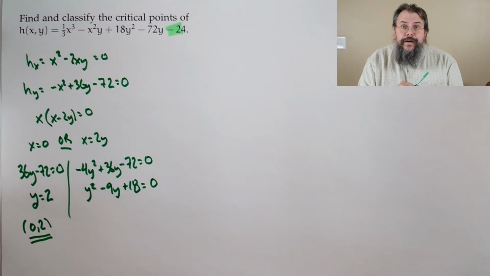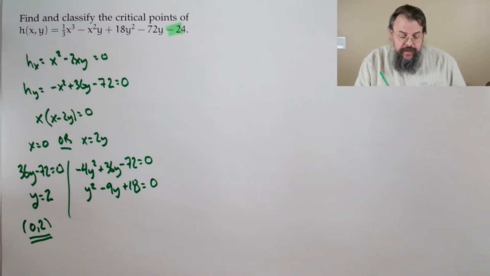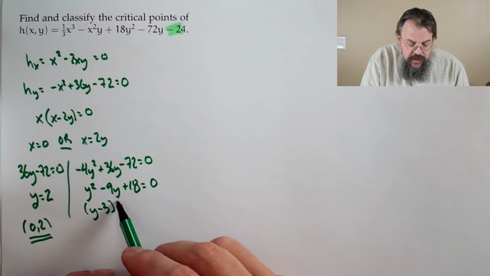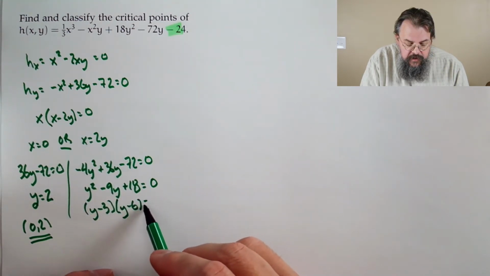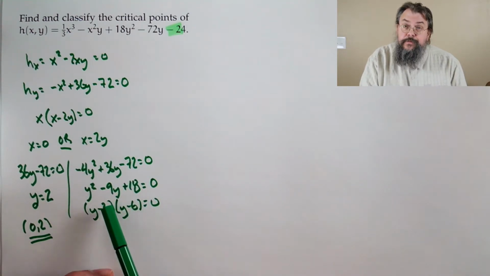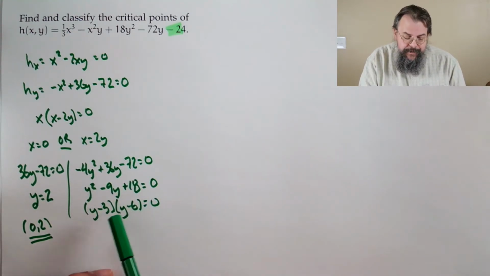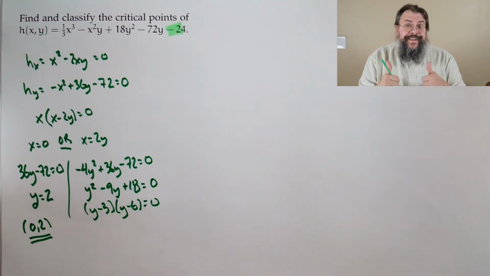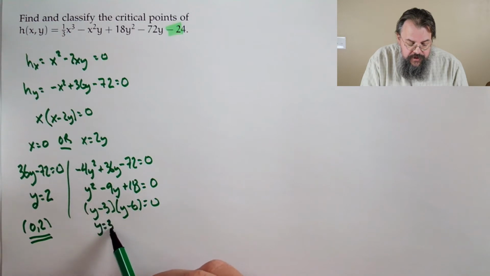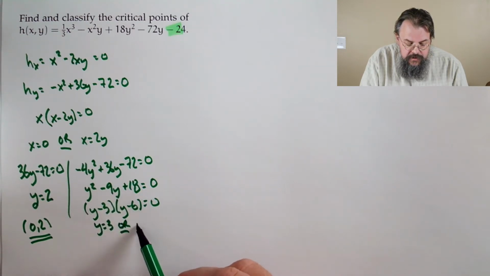Well, 3 and 6, I think that works. So let's check. Y minus 3, y minus 6. That would be y squared, good. Minus 6y minus 3y, ooh, minus 9y. And plus 18. Nice, nice. Okay, so that gets us to y equals 3, or, of course, y equals 6.